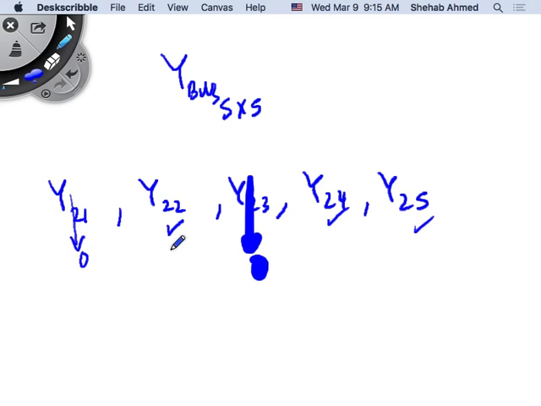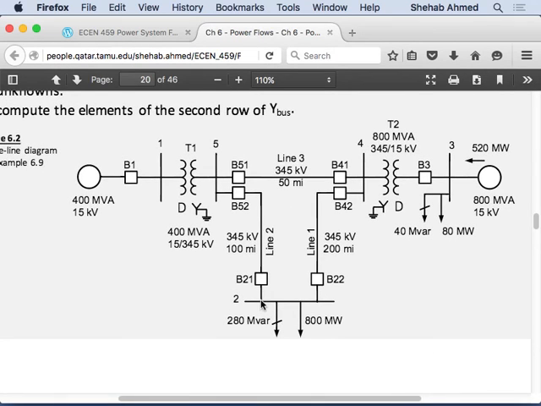Y22 is equal to what? The sum of all the admittances connected to bus 2. So we go to bus 2, and I have this admittance of line 2. And remember, this is a transmission line. It has a shunt branch, shunt susceptance. So I have to consider the jB over 2.